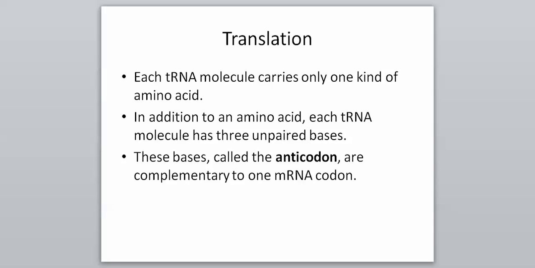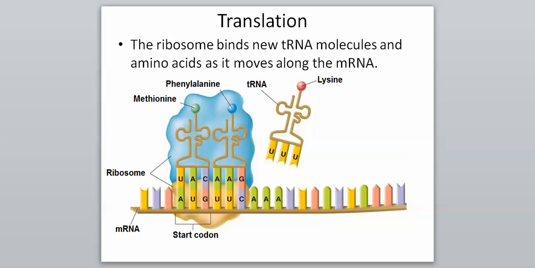We already have our three bases from our mRNA, and now the tRNA is going to bring three more that will match up. Then the next step is that the ribosome will bind the new tRNA molecules and amino acid as it moves along the mRNA. Here's a picture of what this looks like.